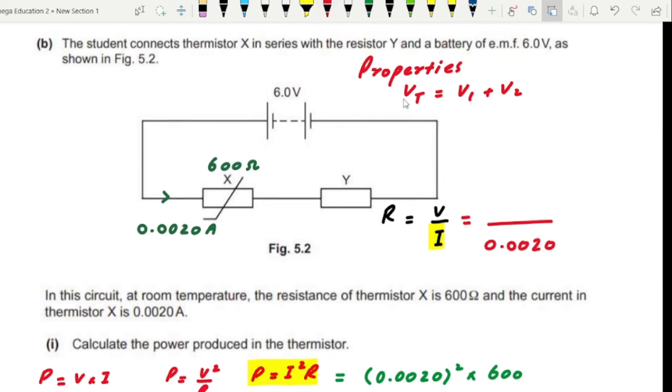Now, V2 needs to be calculated. Do we have all the other values? Yeah, indirectly we do have all the other values.